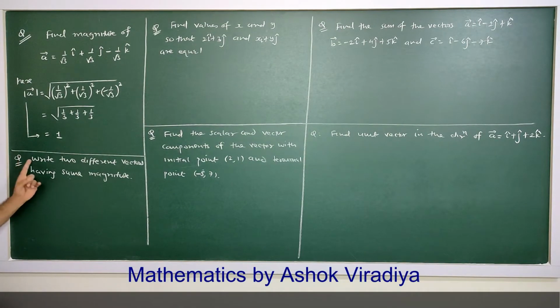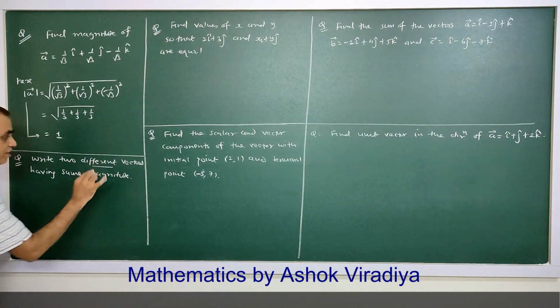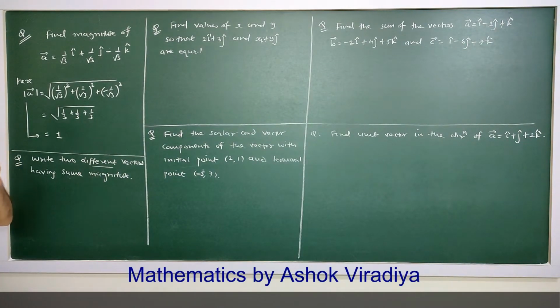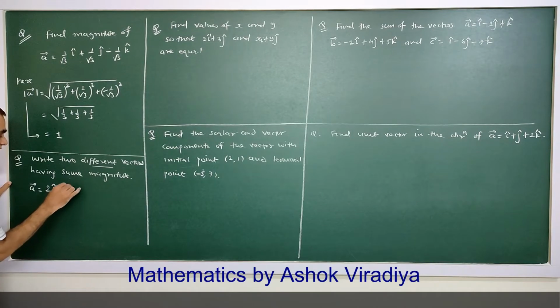Now write two different vectors. See, the words are different vectors having the same magnitude. Suppose I am taking vector A as 2i minus 4j plus k.